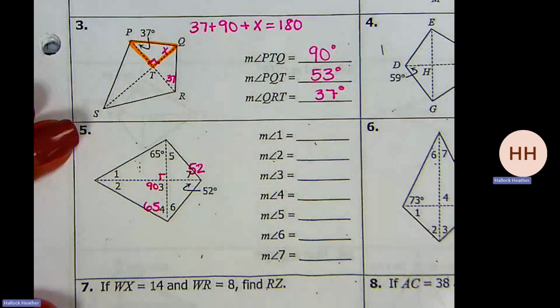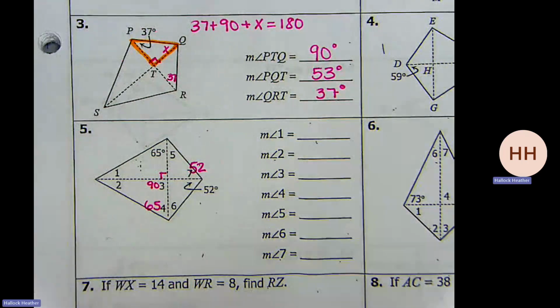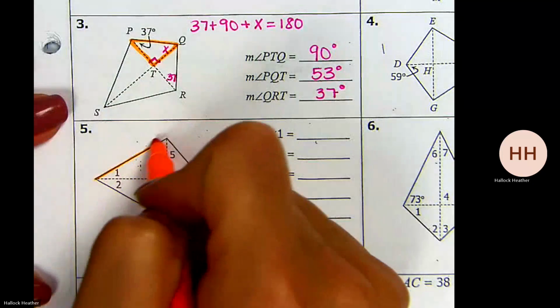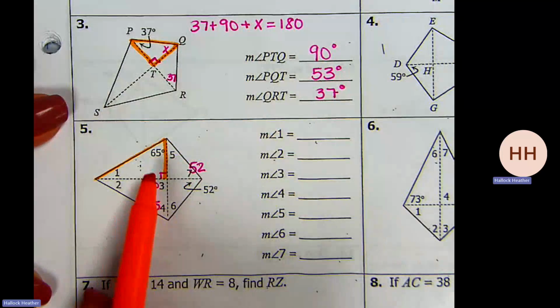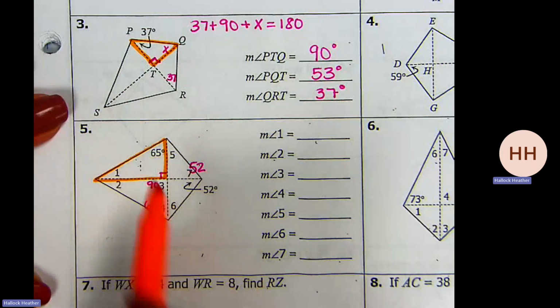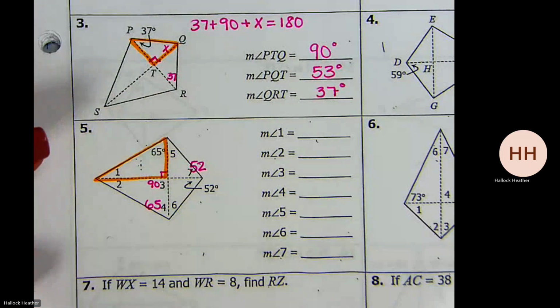And now when you're figuring this out, there's technically a bunch of little baby triangles in here. So you could start with looking at one triangle. I know that this top angle is 65. I know that this is 90. So I have to find angle 1 by adding to make 180.